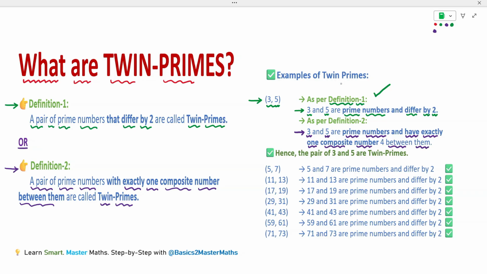Therefore, as per definition 2, the pair of 3 and 5 are twin primes. Got it? Similarly, these pairs are also twin primes. Got it?